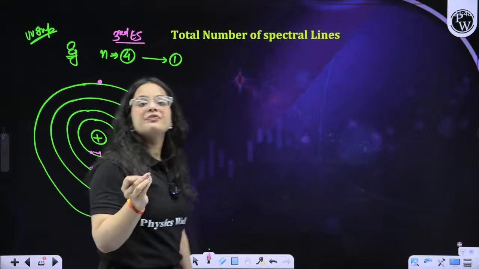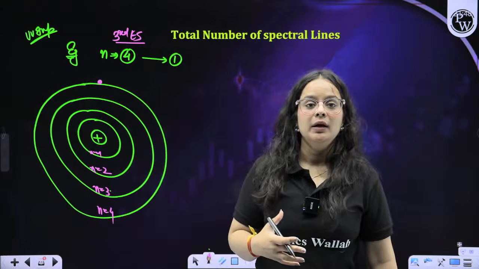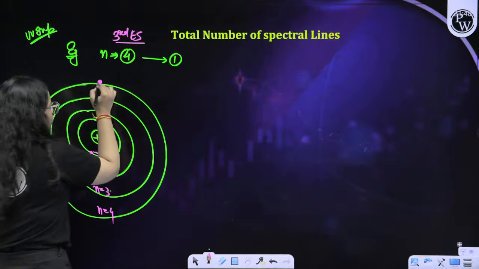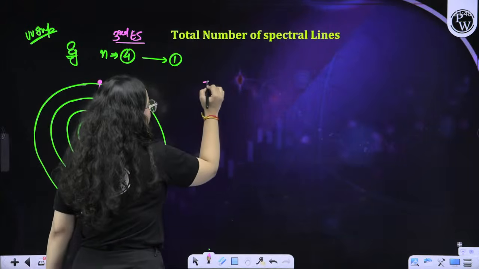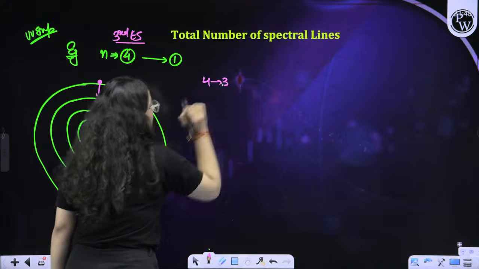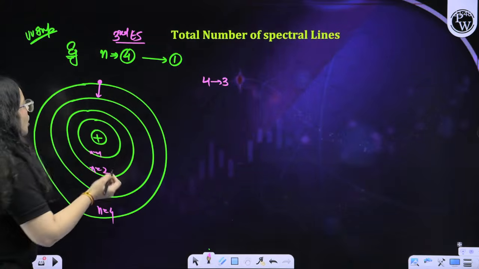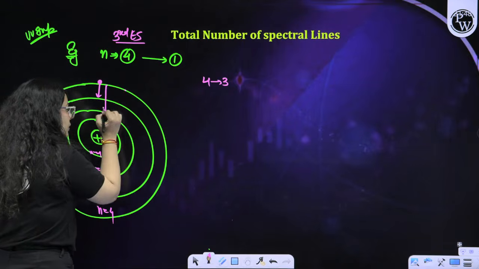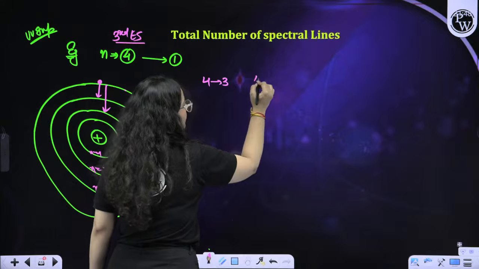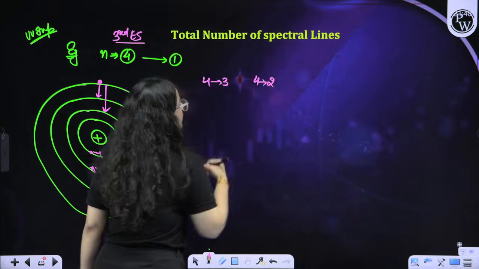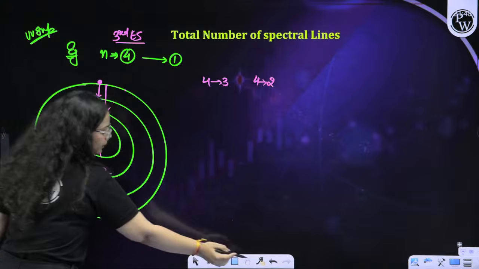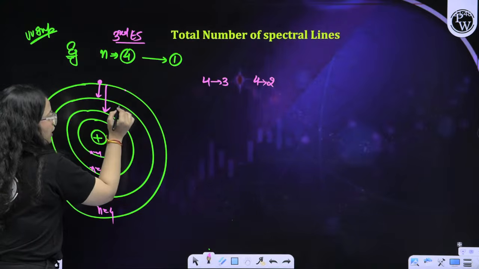So what are the different possibilities? What are the lines that you will get? You can draw it directly like 4 to 3. There's a possibility of 4 to 3. Or it also can happen like 4 directly to 2. Or it can happen from 3 to 2, as well.